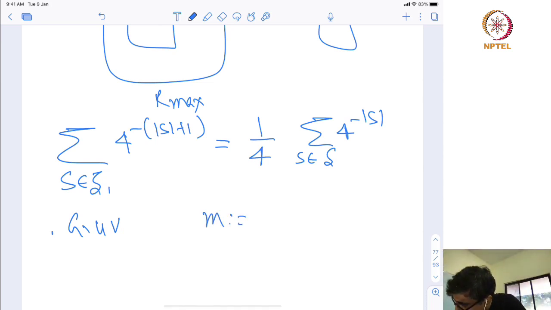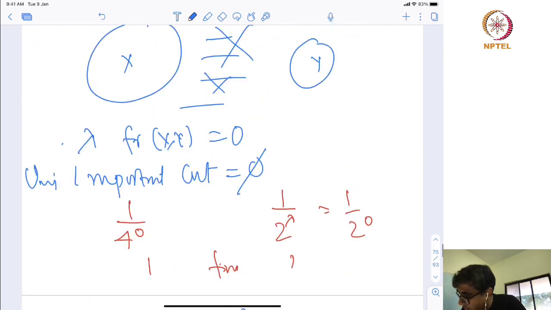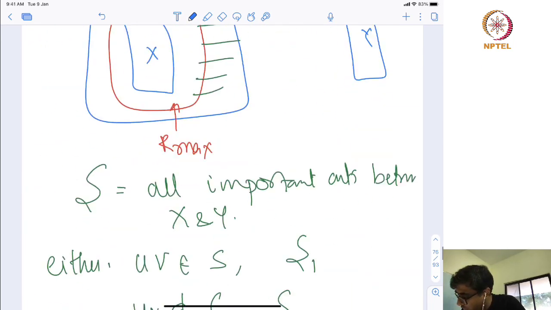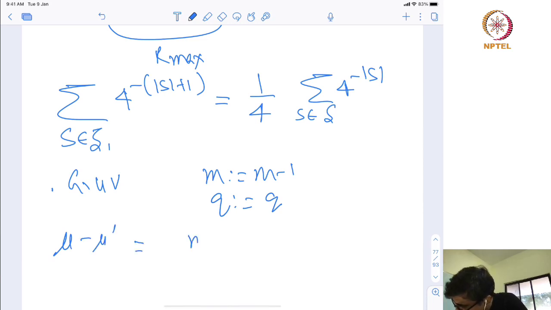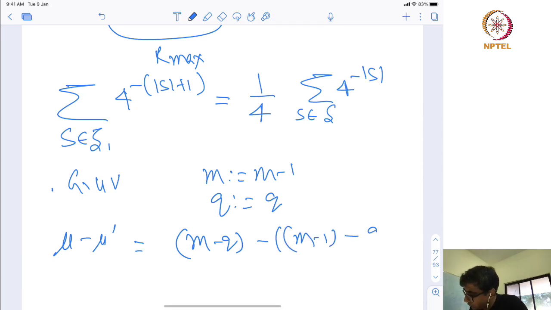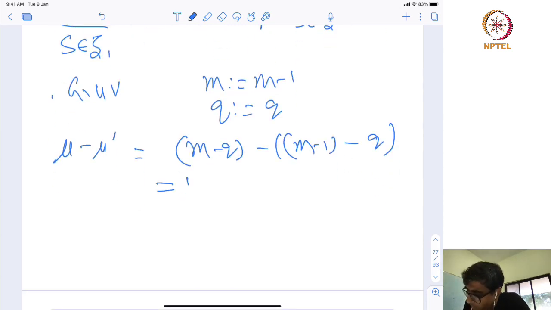M drops by 1, and the edge induced graph on X, Q, remains Q. So the measure mu minus mu prime is M minus Q minus (M minus 1 minus Q), and this is going to be 1. So the measure drops by 1.